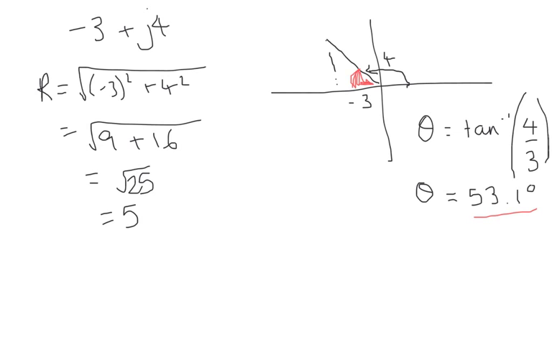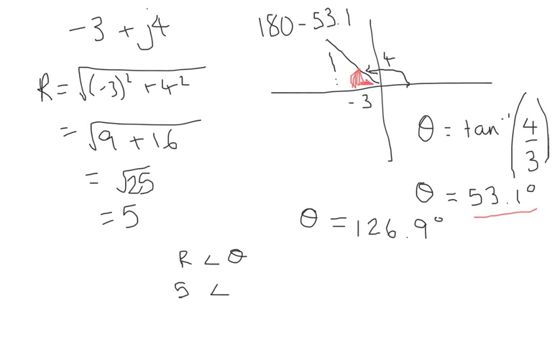To get the second quadrant, we must do 180 subtract 53.1. So therefore, theta is 126.9 degrees. And we put it together: 5 angle 126.9 degrees.